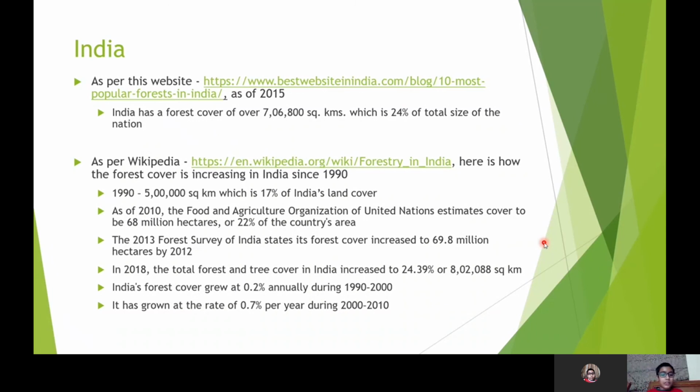India's forest cover grew at 0.2% annually during 1990 to 2000. It has grown at the rate of 0.7% per year during 2000 to 2010.